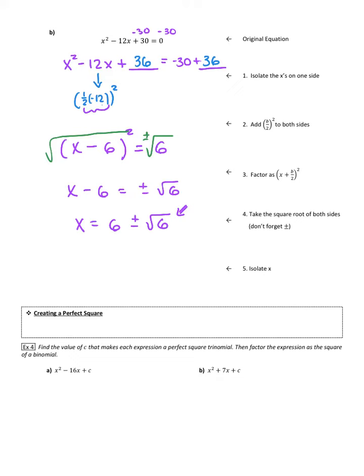Now, the last thing that they're going to ask you to do is just find the value that makes a perfect square. So what that involves is step 2. Which means you will always take half of the middle term and square it, and that will equal that last value to make a perfect square.